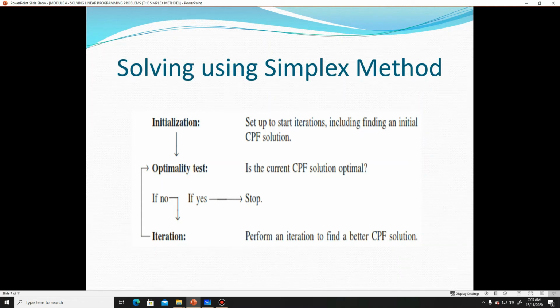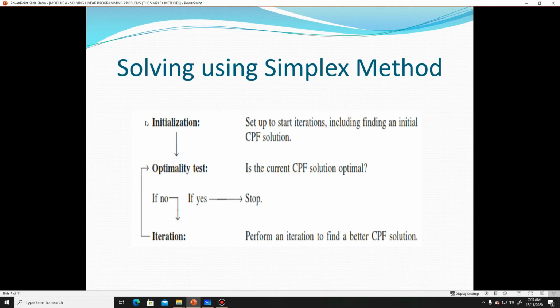Good day. In this lesson, we will try to solve a linear programming problem, maximization, using the Simplex method. So these are the steps. First is the initialization, setup to start iterations, including finding an initial CPF solution.